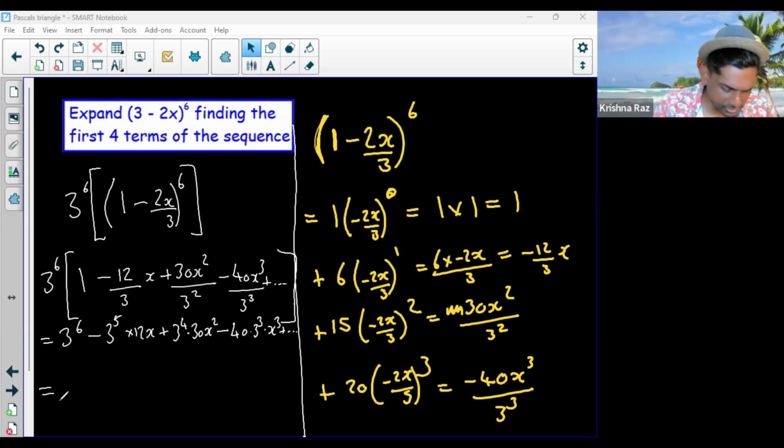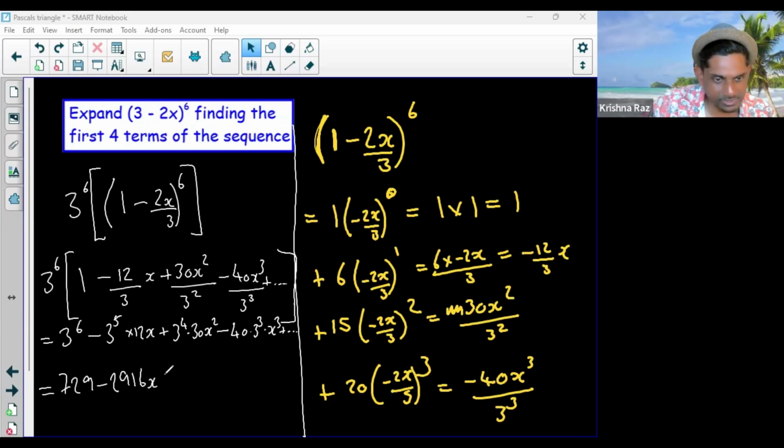So we've got 3 to the power of 6 is 729, minus 3 to the power of 5 times 12, which is 2916 x, plus 3 to the power of 4, which is 81 times by 30, 2430 x squared, minus 27 times 40, 1080 x cubed.